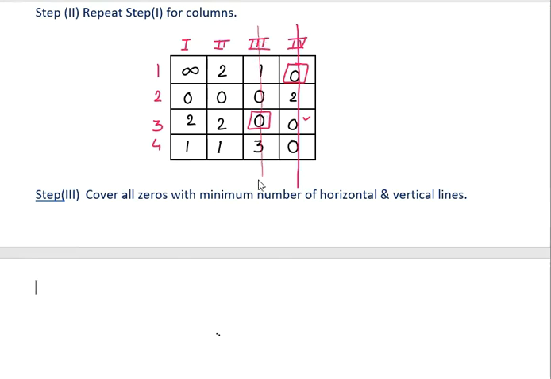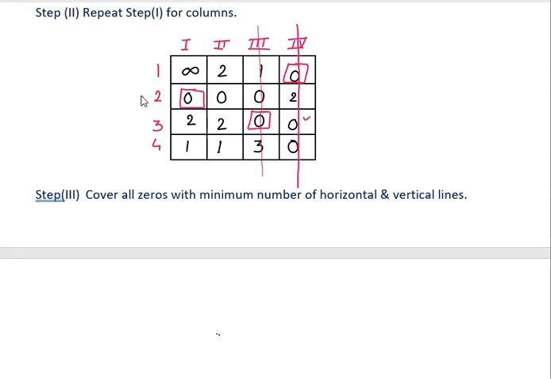Now look at the rows containing single zero. Now in the fourth row, there is no single zero left. So now consider the first column, and there is a single zero in the first column. So we make an assignment here, and we are making an assignment in a column.